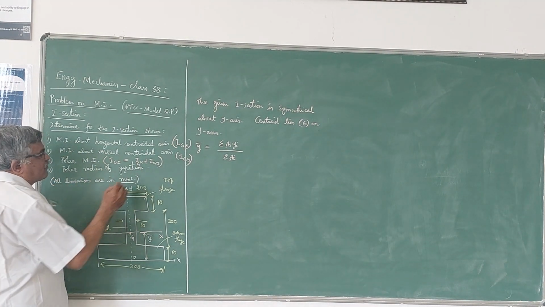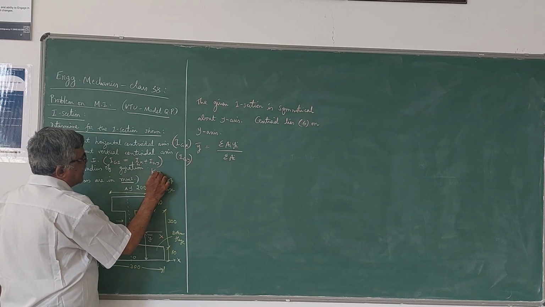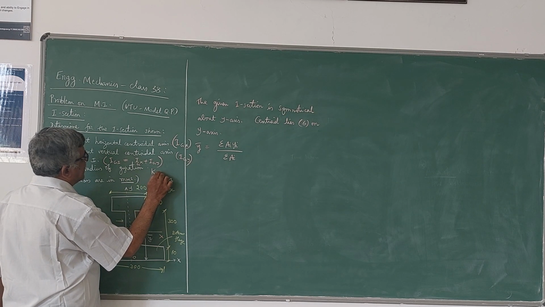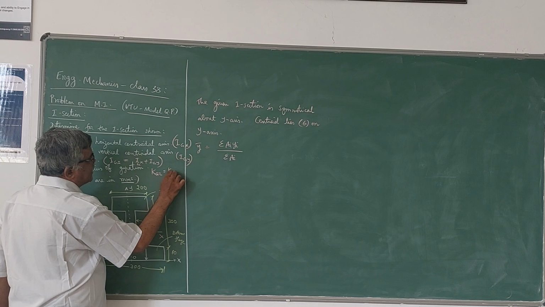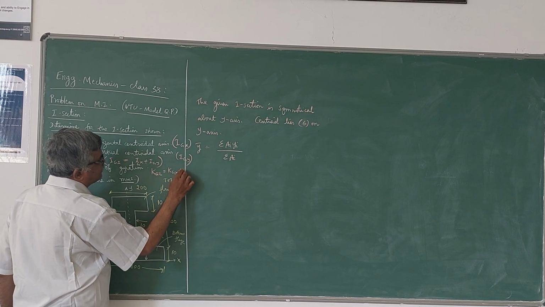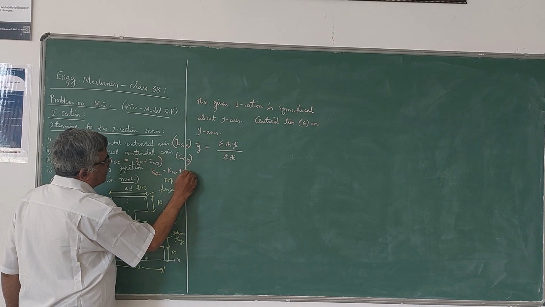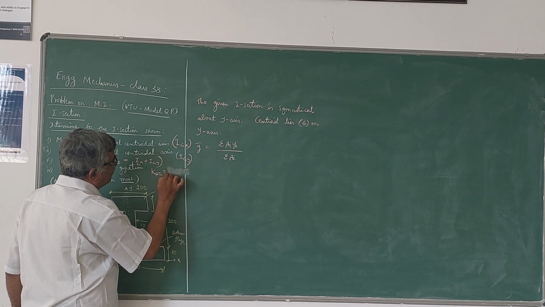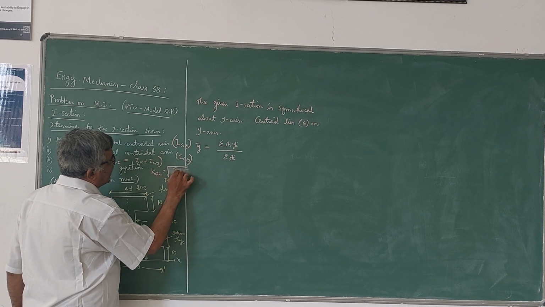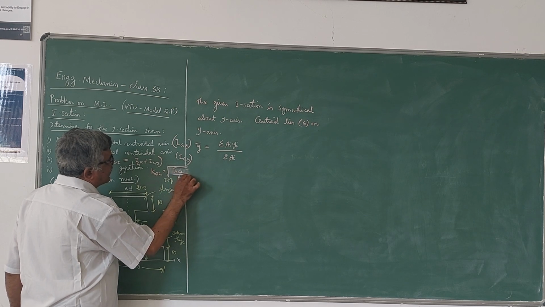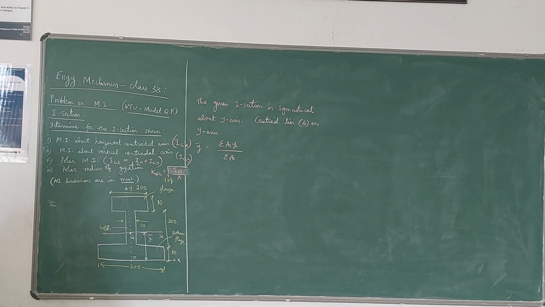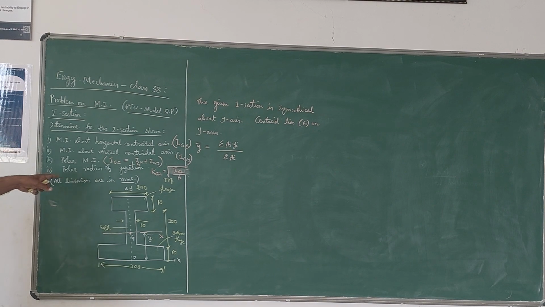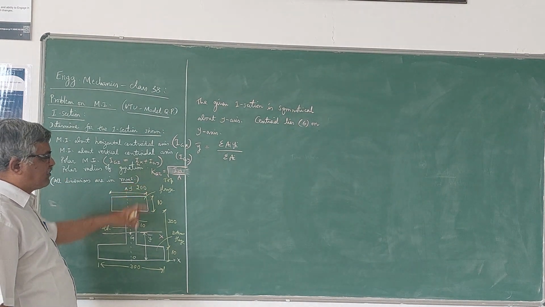And the polar radius of gyration is KGZ, which is nothing but the square root of IGZ by A. So this is the formula to find the polar radius of gyration.